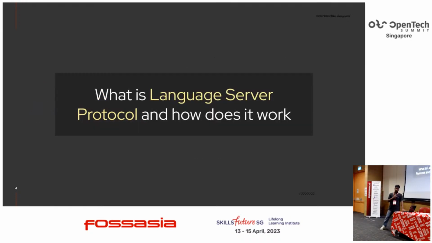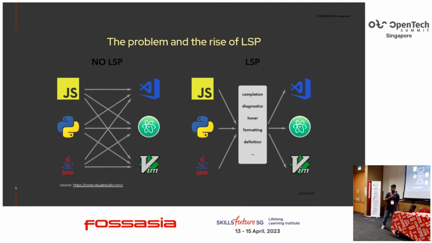So what is a language server and how does it work? A small question: have you ever imagined working on a code editor that does not understand the programming language you're working on?